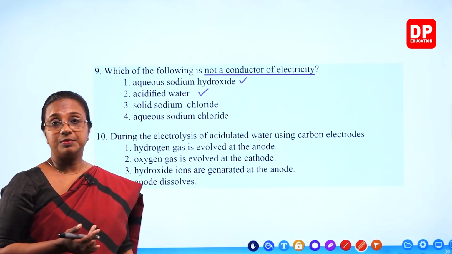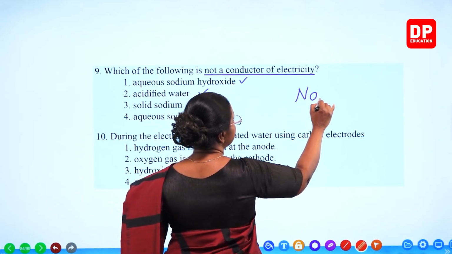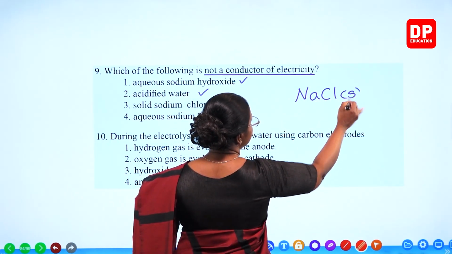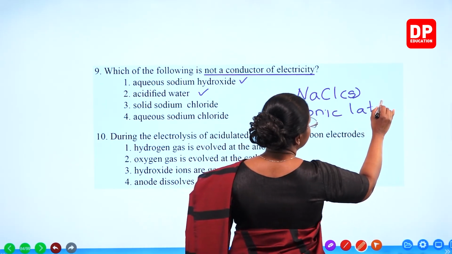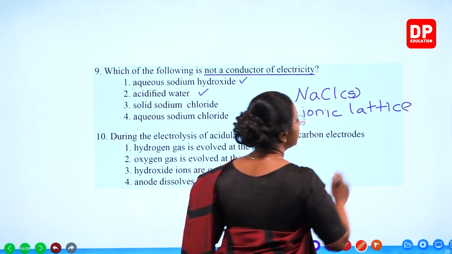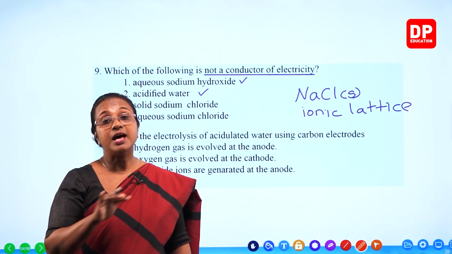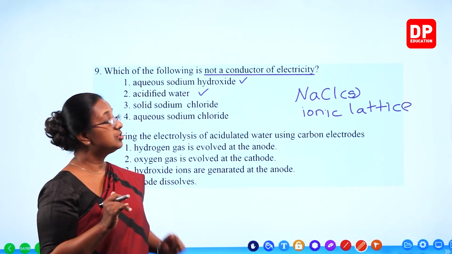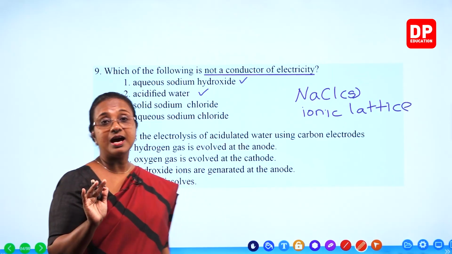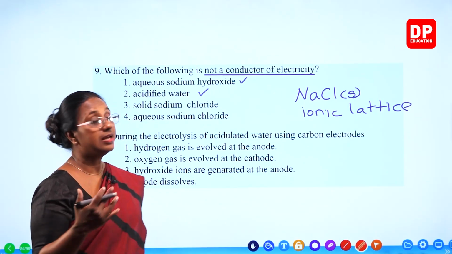Solid sodium chloride. Now, in solid sodium chloride, that is NaCl solid, this is the ionic lattice. In ionic lattices, the point charges are all fixed. They cannot move. There are no mobile ions. So, because of that, solid sodium chloride does not conduct electricity. Aqueous sodium chloride? Yes.